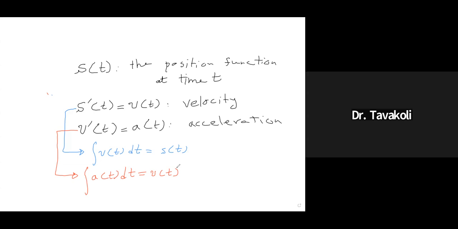So one application of the integral, in fact, is that when the velocity or acceleration is given, we can find out the position function of the particle at any time t. Let's see an example.